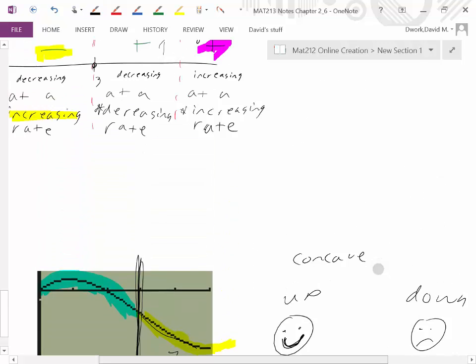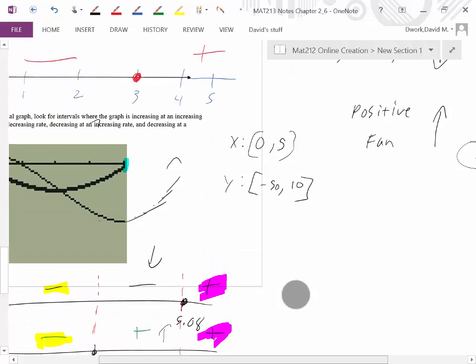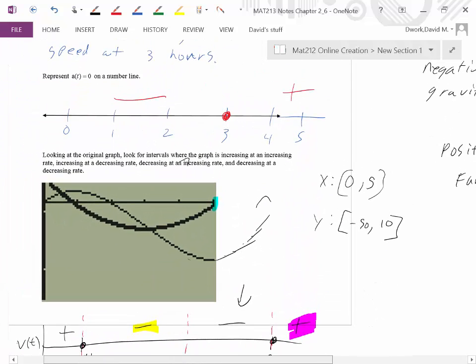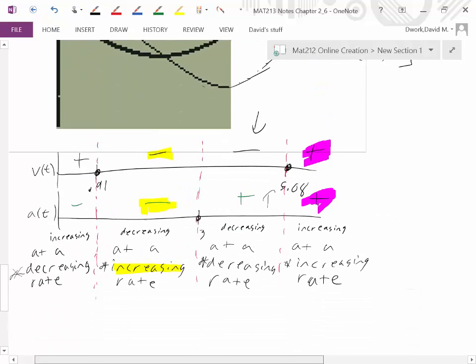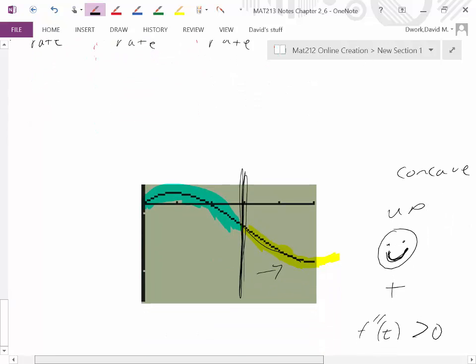If you look back at the original second derivative function we did, all these values over here had negative accelerations. They were negative second derivatives. So therefore, we know our graph should be concave down from 0 to 3, and then concave up from 3 to whatever, because we had positive values.